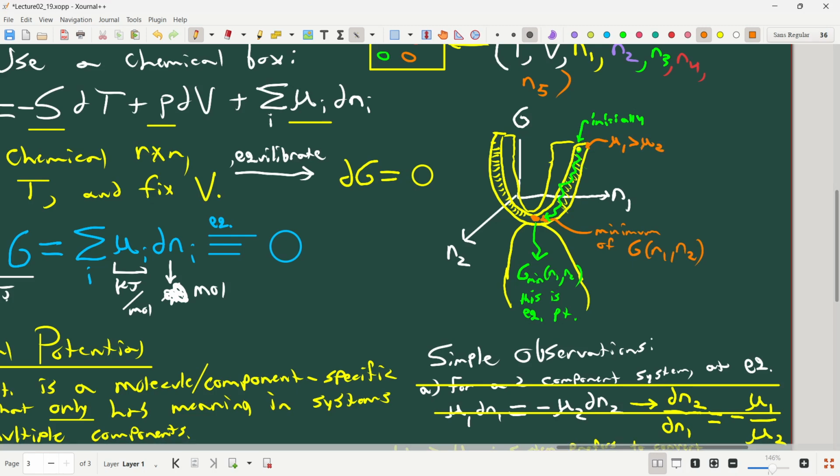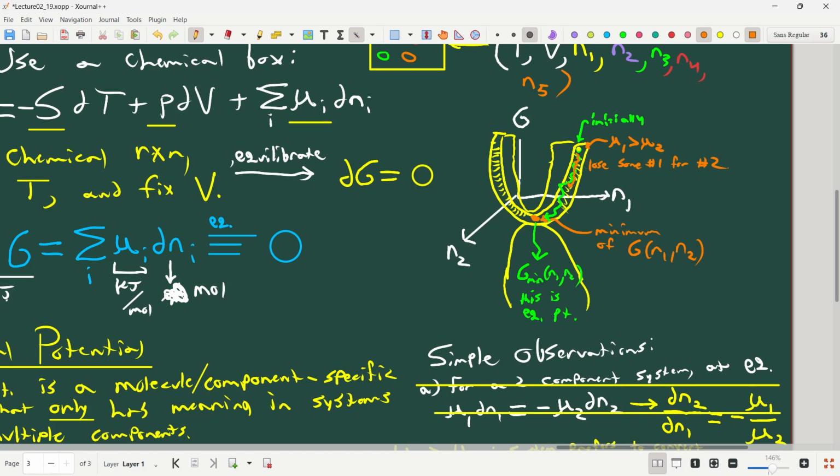And so what does that mean? That means that this system, in order to lose energy, has to lose some molecule 1 for molecule 2. So we know what the trajectory is going to be if we stop it at this point and measure the chemical potentials, and mu1 is greater than mu2, then the system is going to start losing 1 and making 2 as it goes down this potential to the minimum.